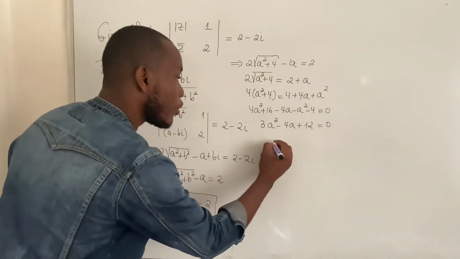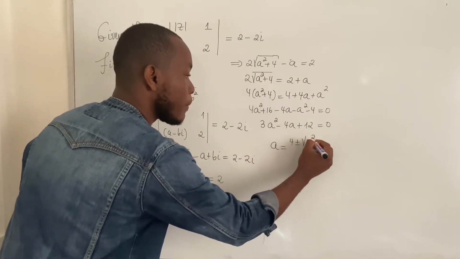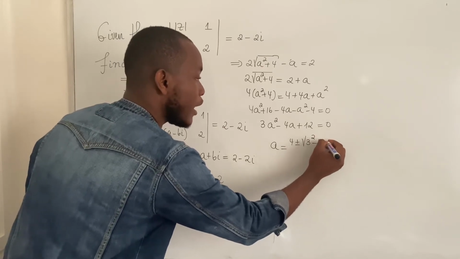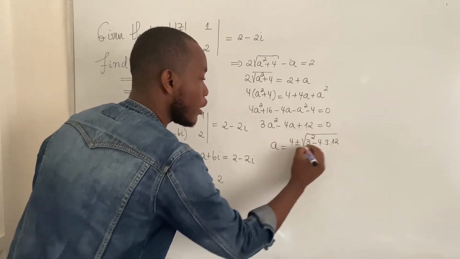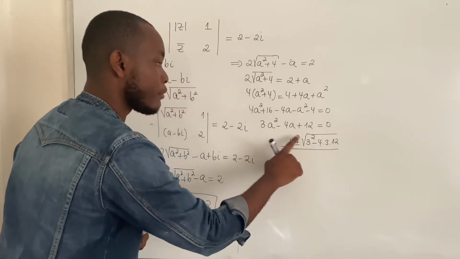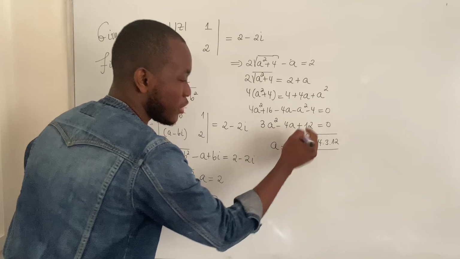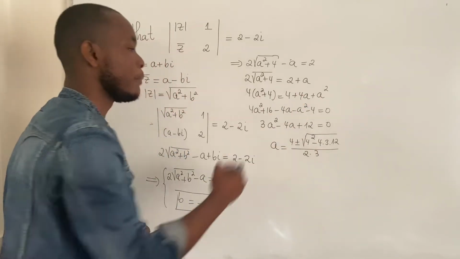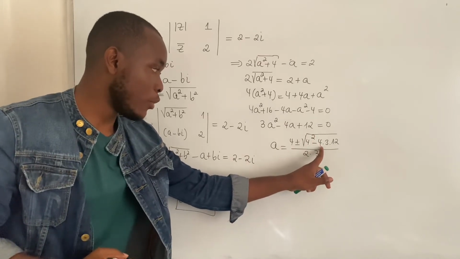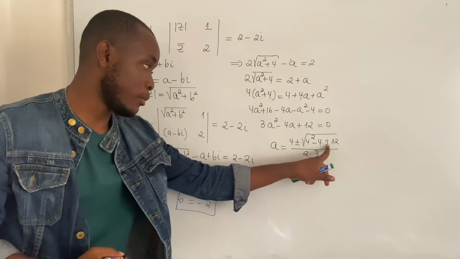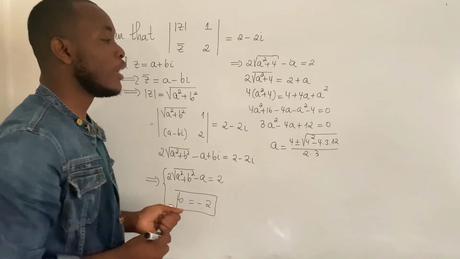Solving this, a will be equal to 4 plus or minus the square root of negative 4 squared minus 4 times 3, which is the coefficient of a squared, times 12, over 2 times 3. This is 16 minus 4 times 3 times 12, and 12 times 12 is going to be 144.